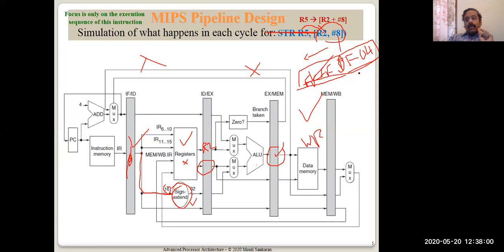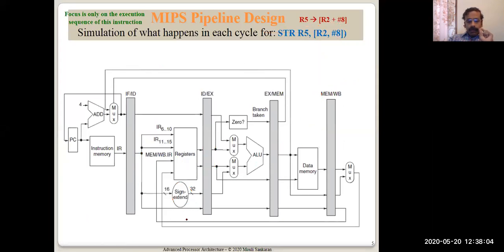So how will it come here? So now see the path. You know that constant is coming and then it is landing here. Now you see a line coming from here to this. Very good. Then this mux should choose this input signal and not an output coming from here. Okay, very good.